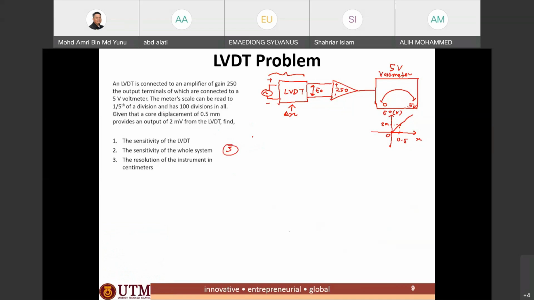So the resolution of the instrument in centimeter. The voltmeter can read up to 5 volts. That's the maximum.